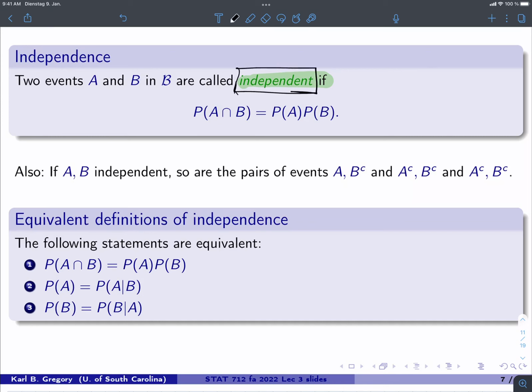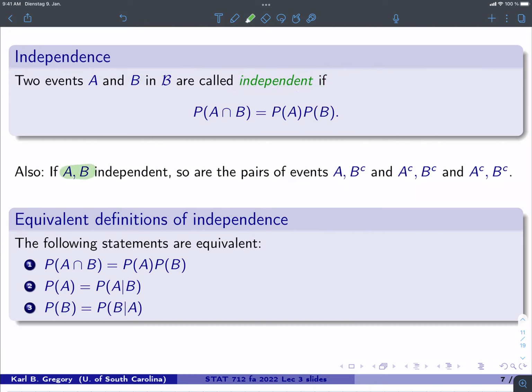Independence in words means the occurrence of one does not affect the probability that the other occurs. So the event A is unaffected by whether the event B happens. They're not influencing each other.